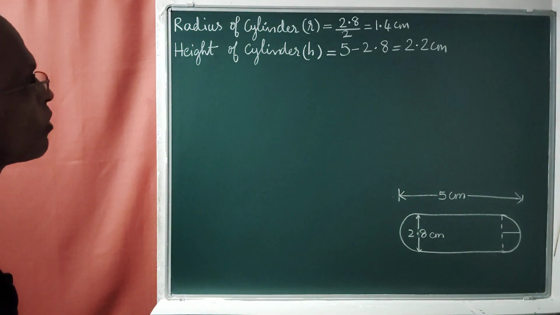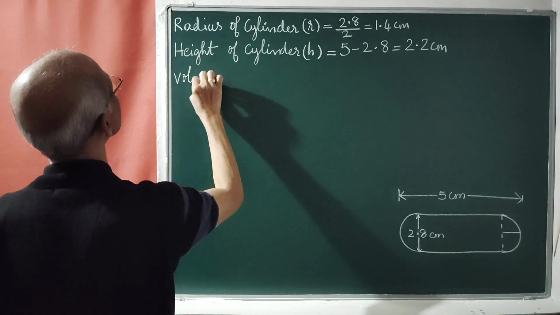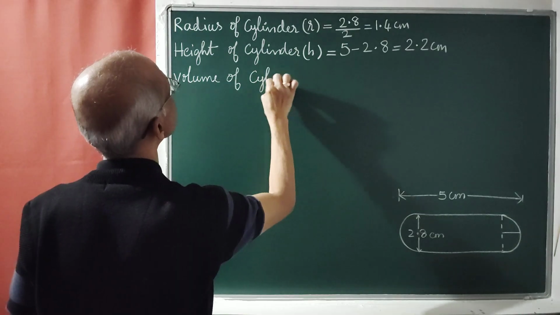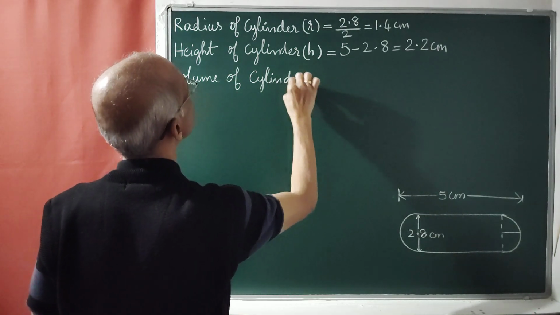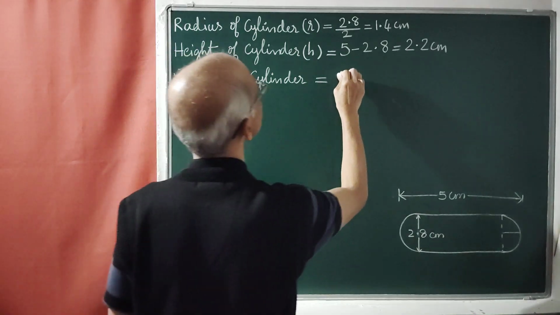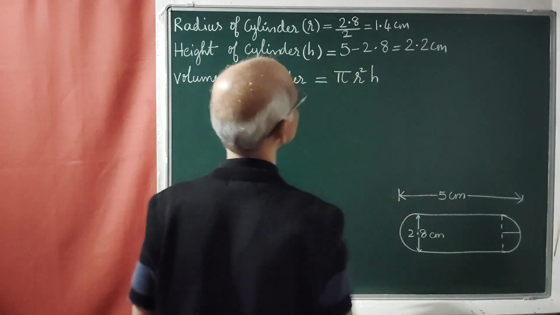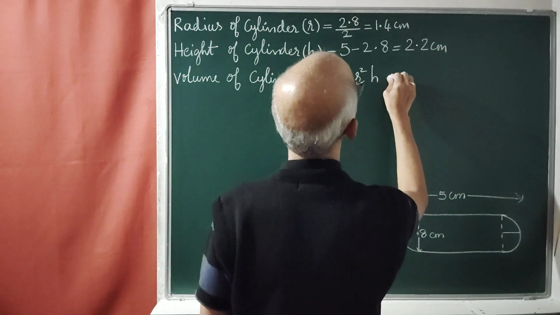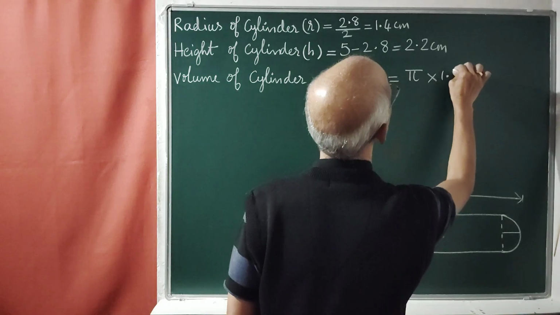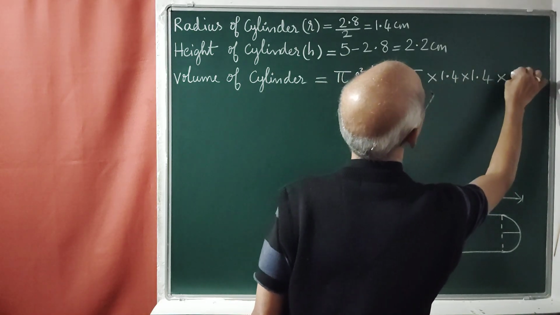Now we'll find out the volume of the cylinder. Volume of cylinder is equal to pi r square h. That's equal to pi into 1.4 into 1.4 into 2.2.